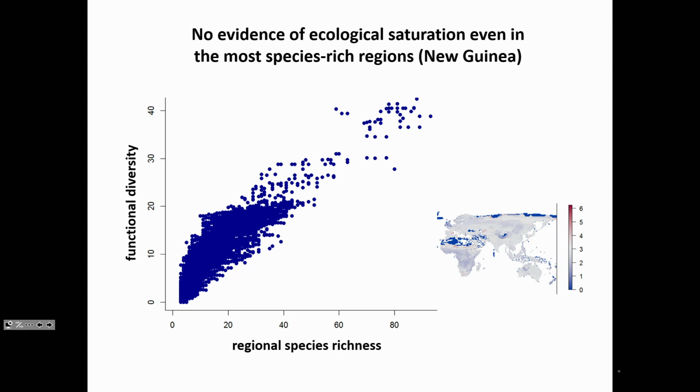So functional diversity increases linearly with regional species richness or regional diversity. So even the most species-rich regions, such as New Guinea, don't show any sign of saturation, right? The niches being filled with species. All of this supports the expansionary view. Diversity is expanding. It depends on the history of the region rather than its environment.